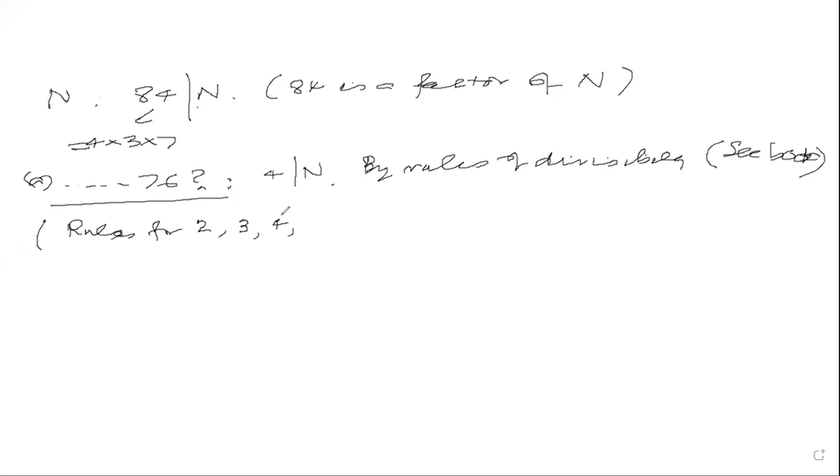The 2-digit number at the end of your number must be a multiple of 4. All right, so the number could end in 04 or 08, or any multiple of 4, 32, and so on. This is divisibility by 4.